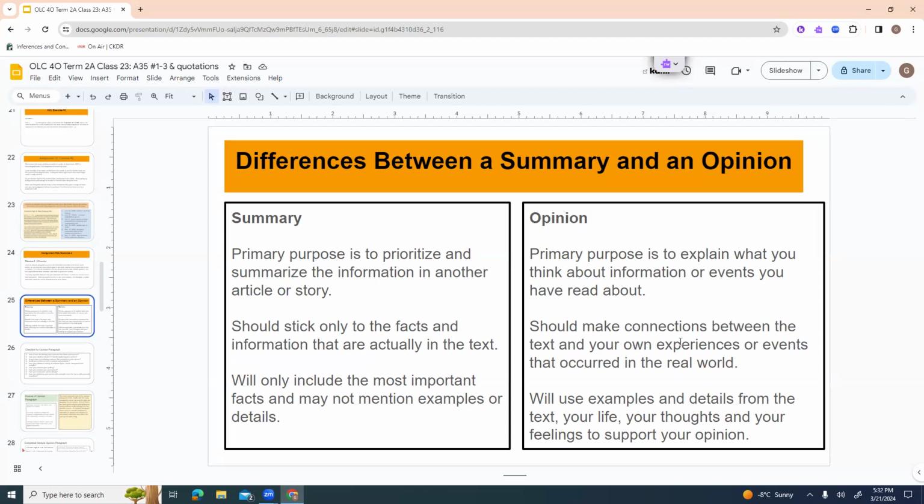An opinion should make connections between the text and your own experiences or events that have occurred in the real world. A summary will only include the most important facts and might not mention examples or details. An opinion will definitely want to use examples and details from the text, your life, your thoughts, and your feelings to help support your opinion. So we've basically already done the summary. Now we're working on opinion. It's a little bit harder. It's kind of a step up.